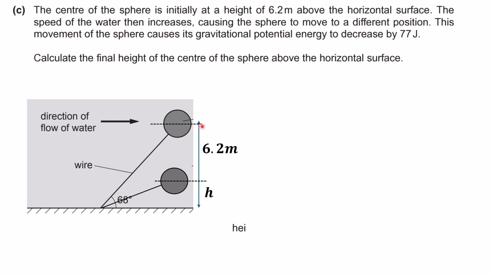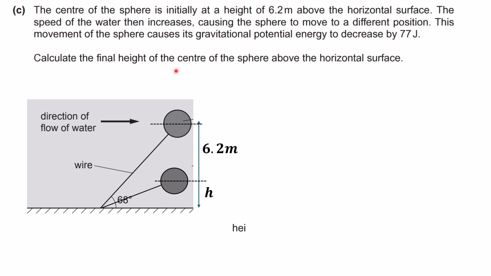So at this position, 6.2 meters above the base of the river, there was a potential energy due to its position to the ground. But now the sphere is closer to the ground. So there was a decrease of 77 joules of energy.